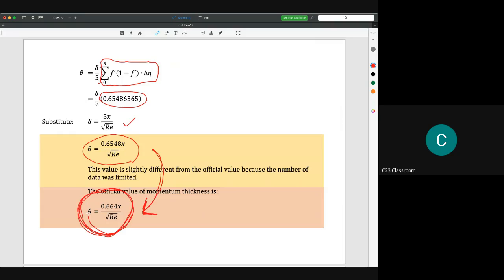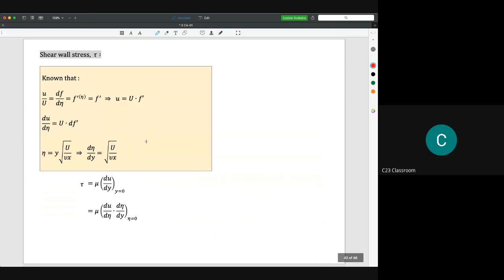Why? Because our table is not detailed enough, so that's why we get a little bit different numbers here. If you need to get the Blasius value, you need to have a very detailed table so you could calculate precisely.